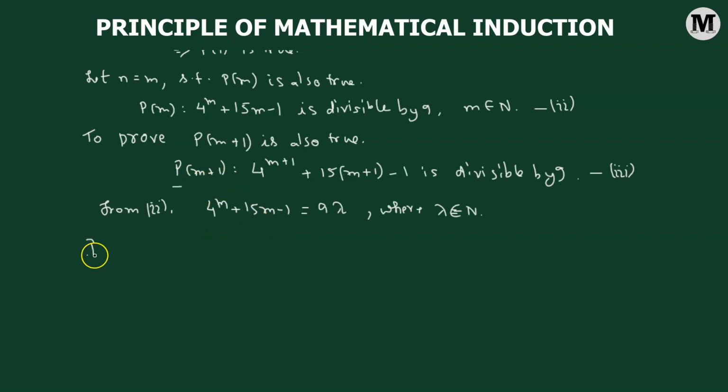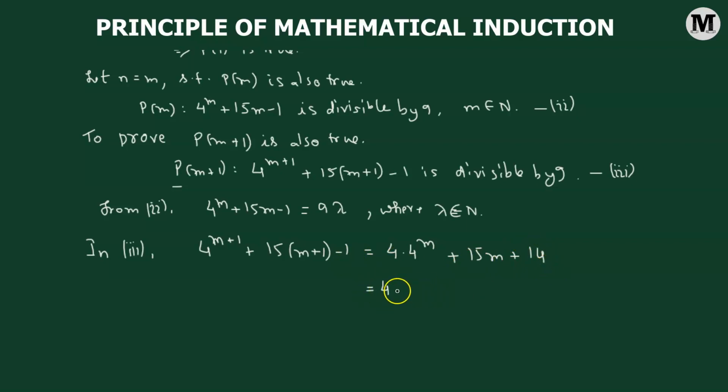In statement number 3 that we have considered, we have the expression 4 raised to the power of m plus 1 added to 15 multiplied by m plus 1 minus 1. So we're going to simplify this. We can rewrite the first term as 4 multiplied by 4 raised to the power of m, using the laws of exponents, added to 15m added to 15 minus 1, so that's going to be positive 14.